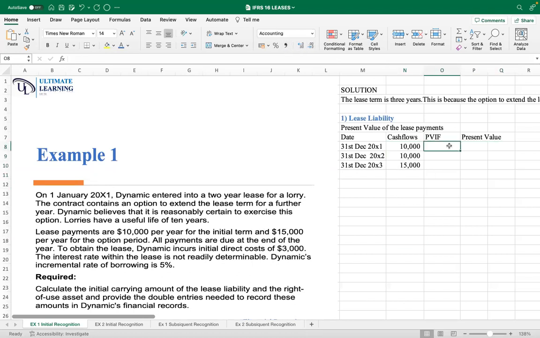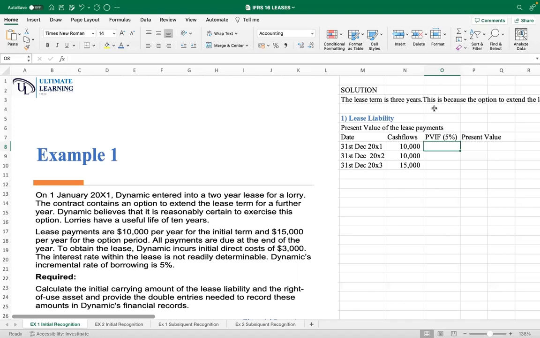Okay. Now, present value interest factor. You are told the borrowing rate is 5%. So that is our discounting rate. And here we are applying managerial finance, 5%. Now, how do we always calculate the present value interest factor?